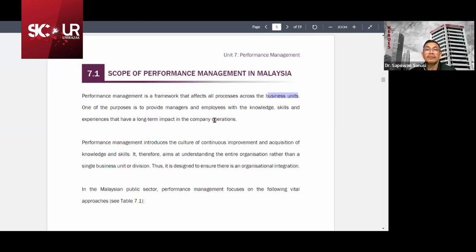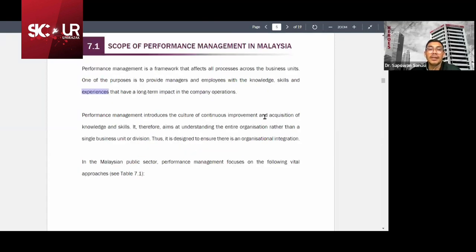One of the purposes is to provide managers and employees the knowledge, skill, and experience. Performance management introduces a culture of continuous improvement.